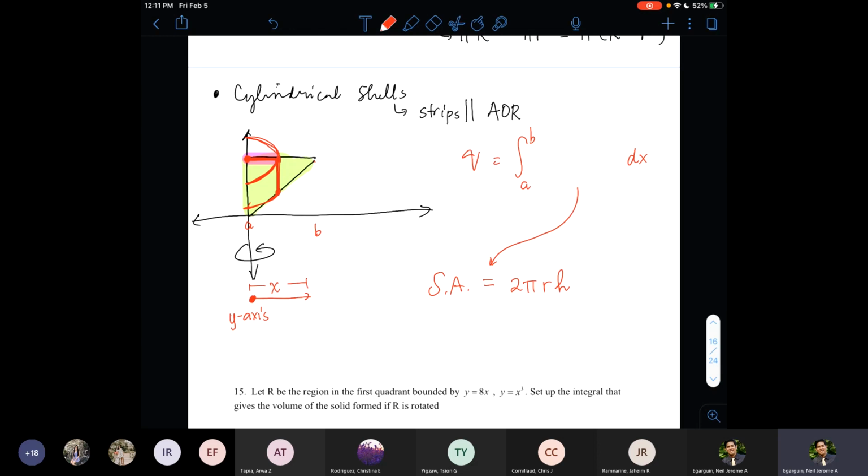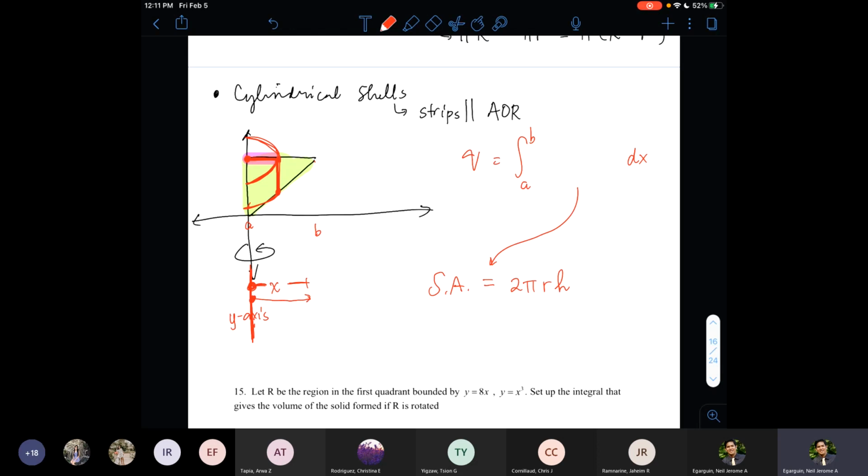The y-axis is here, and if you're measuring something from the y-axis towards the right, then that's going to be x units.